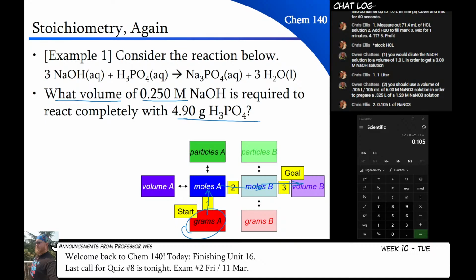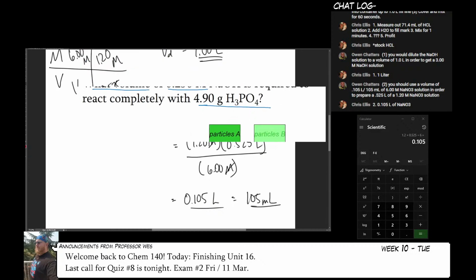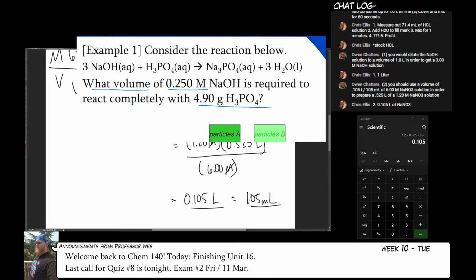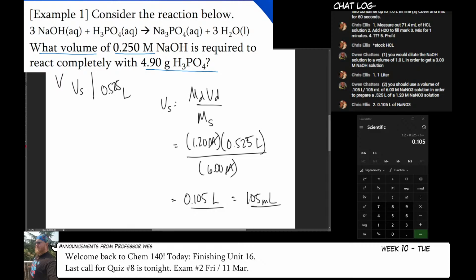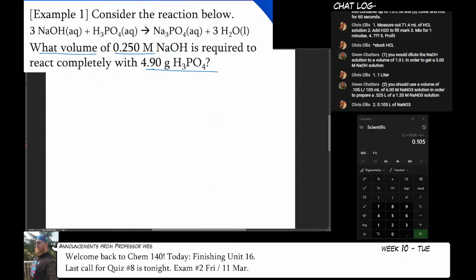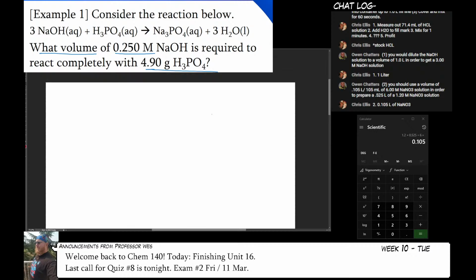So let's do an example of that, and then we'll have you do the next one, and that's probably all we need to do, really. All right, so we've got 4.90 grams of phosphoric acid. I don't actually know if this is a solid, but whatever, right?